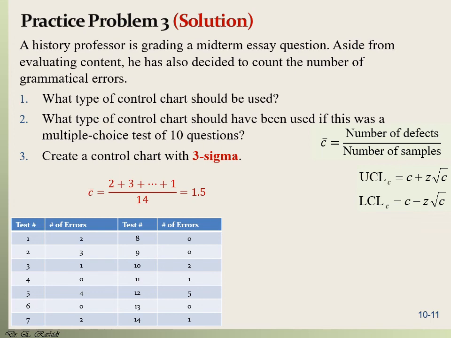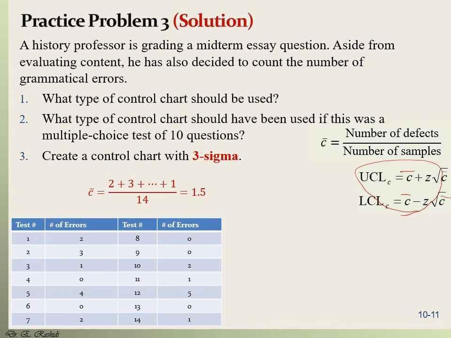Now we can use the formula for computing the upper control limit and lower control limit. That's C plus or minus Z multiplied by the square root of C. Here we don't have C, so we're going to use the estimate C bar.